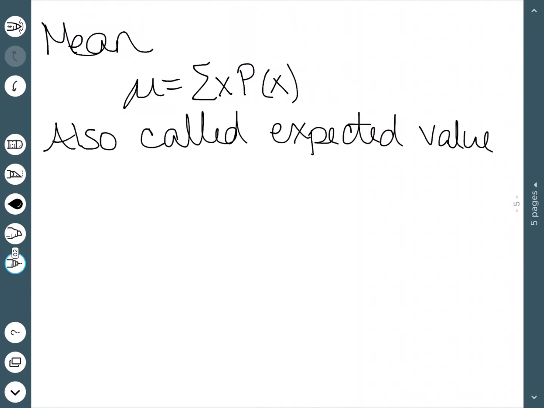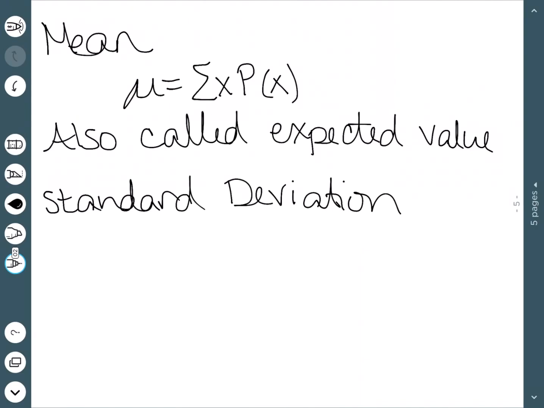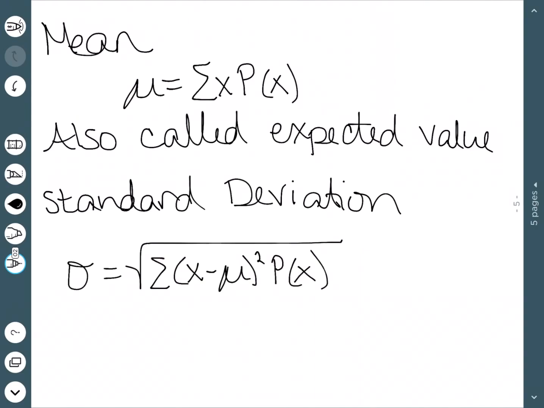And this is also known as expected value. Now that we have that, let's talk about the next thing, which is standard deviation. This is a little bit more complicated, but we can still do it. We're going to subtract the mean that we just found from each of our data values, square that, multiply by its probability, and then add them up. And then we'll take the square root.